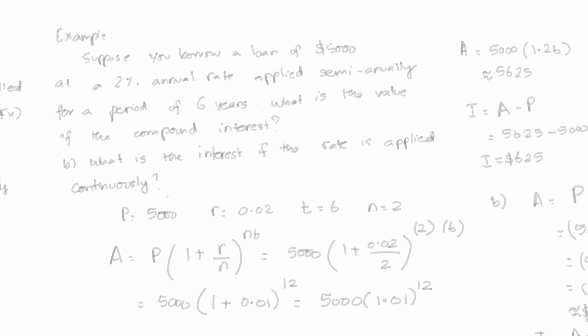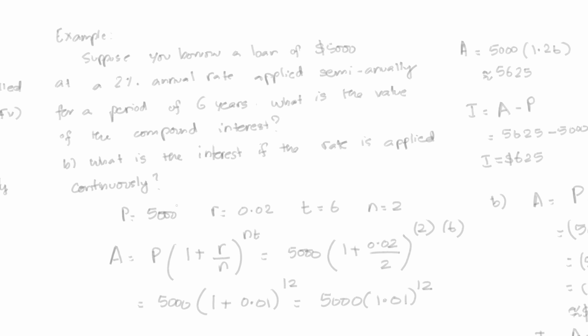The given information is the principal is 5,000, the rate is 0.02, t is 6, and n is 2, the number of times the rate is applied, and we get that information by looking at the term semi-annually. If it said quarterly, then n would be 4. If it said monthly, then n would be 12.